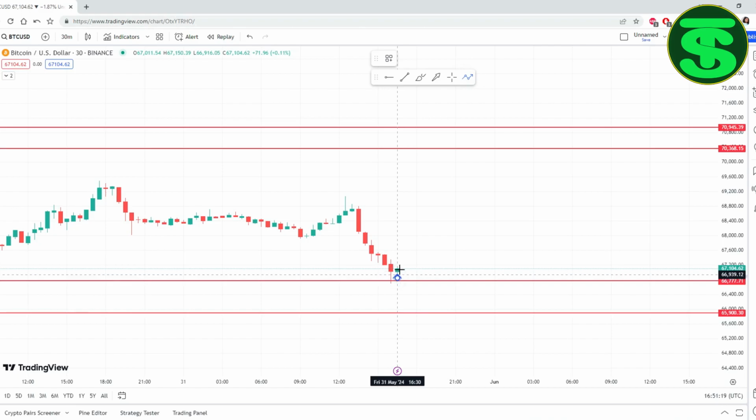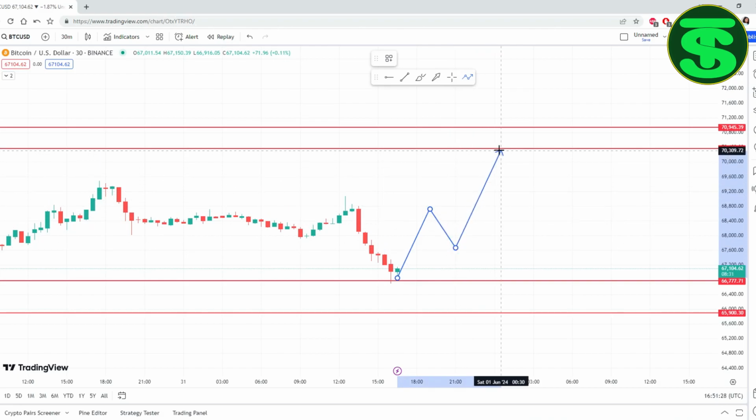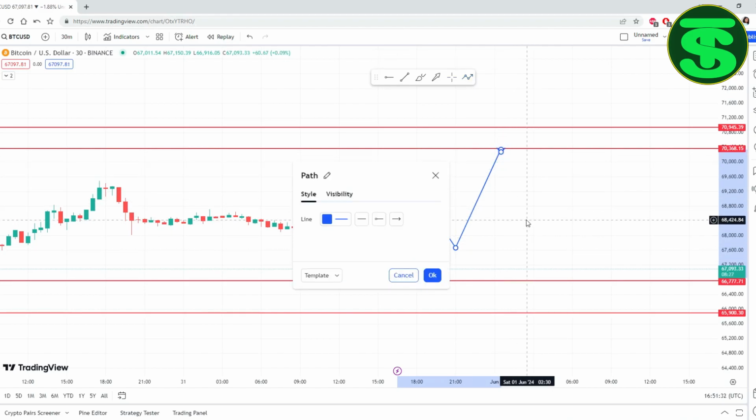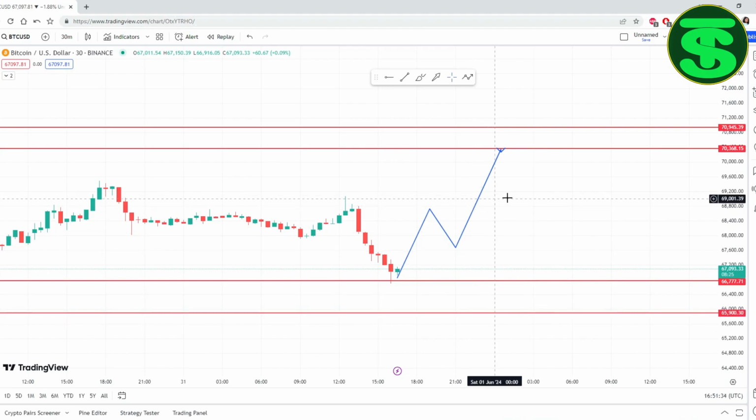The market is now here and goes to this place. After that he again comes here and then again goes to this place. This is the prediction here.